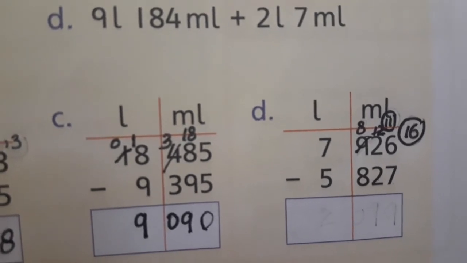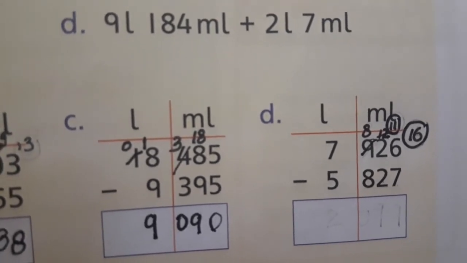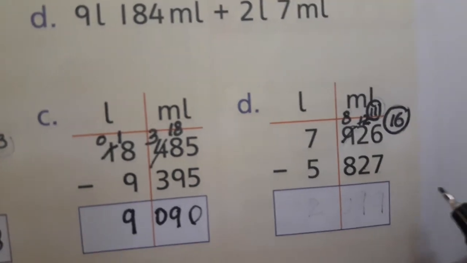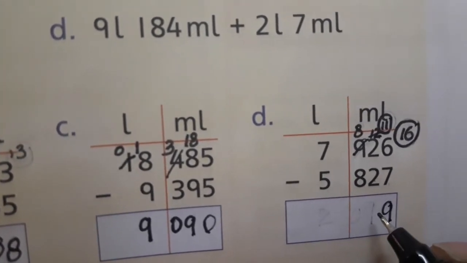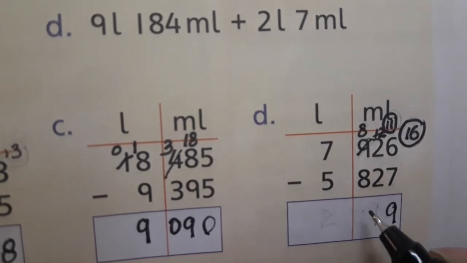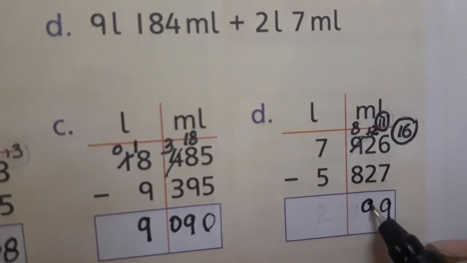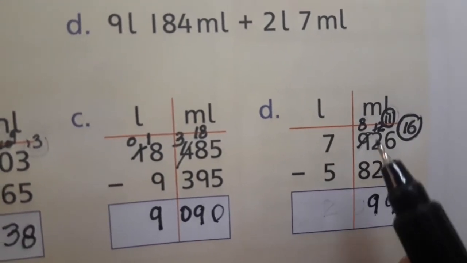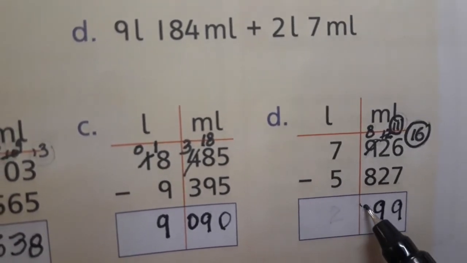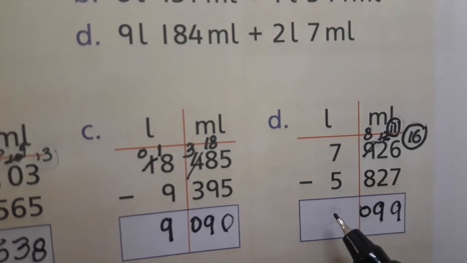Just count on your fingers. 9, yes. And 11 minus 2, 9. Then students, 8 minus 8 is equal to 0 and 7 minus 5 is equal to 2.